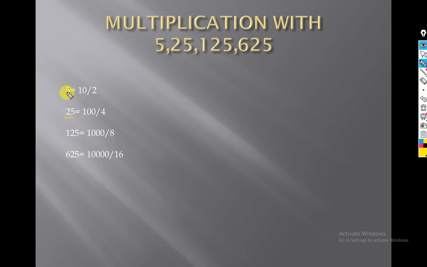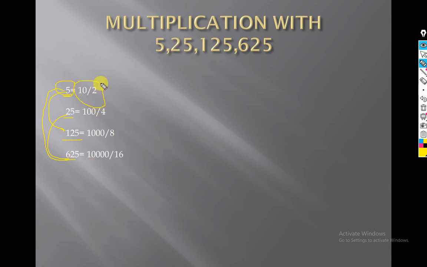If we cube 5, the result is 125. If we square 25, the result is 625, which means if we multiply 5 four times, we get 625.